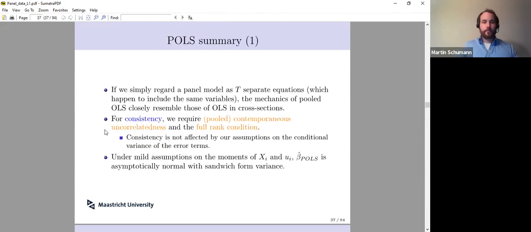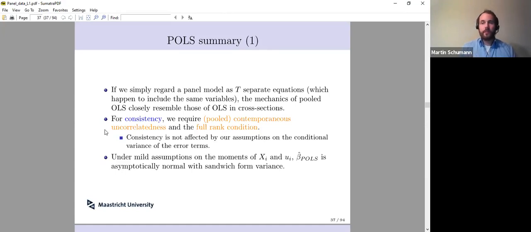Okay, so to summarize, we have looked at the pooled OLS estimator in a panel model, but we have not exploited any powers of panel data models. We could have equally regarded the T time periods in which we observe individual i as T separate equations which have nothing to do with each other.